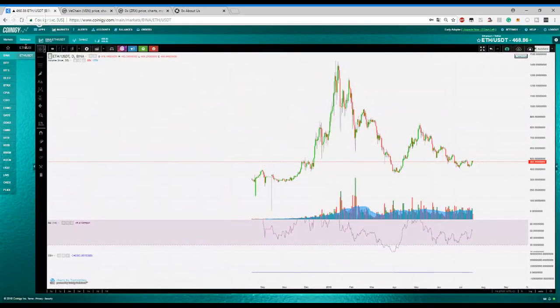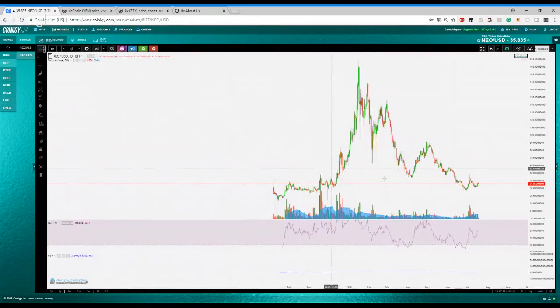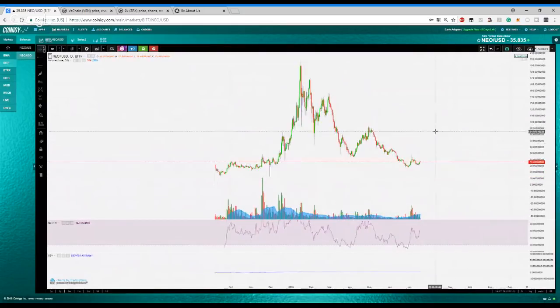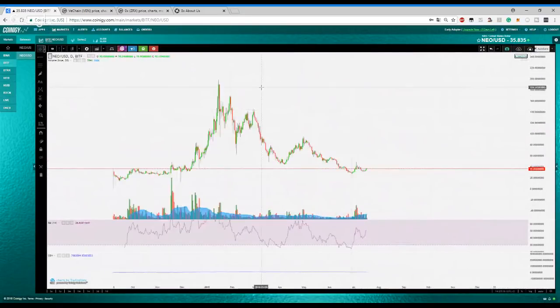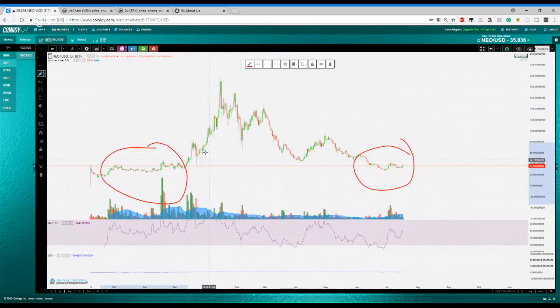If we go to Neo, Neo USD on Bitfinex, you see it's at a low. Everybody thinks profits are made here. This is false. It's not true. It's a lie. Profits are made here and here. This is where you get the profits.